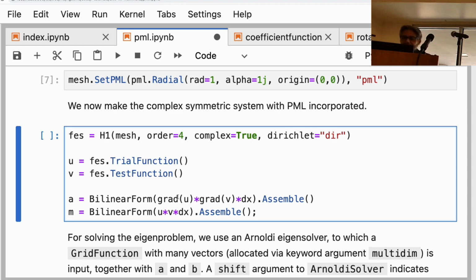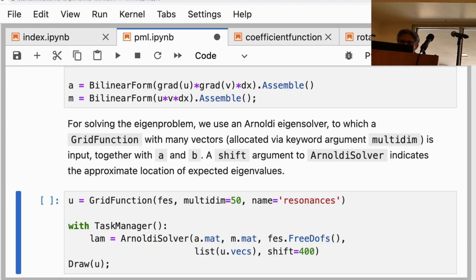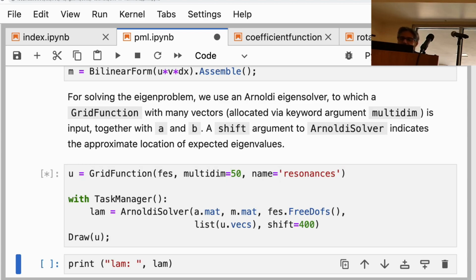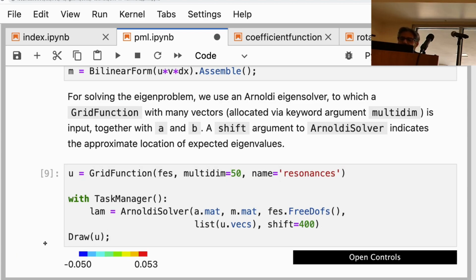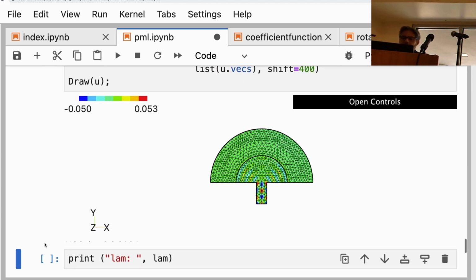Knowing that, we solve it using an Arnoldi solver for eigenvalues, and it gives you a list of some 50 eigenvalues, I think. And here is a picture of the first one. You see something that looks like a mode that starts off over here and then kind of dissipates. And this is only one of the 50 modes computed.